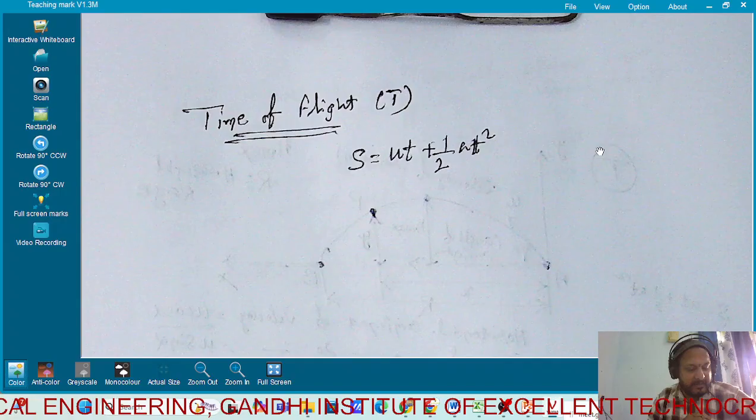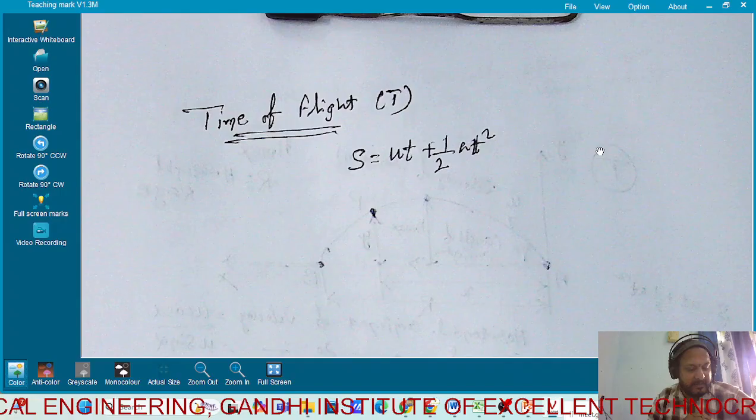So why are you putting 0 here? Because the total time of flight can be calculated from A until the particle reaches point B. So it is u sine alpha into T, the total time of flight, minus half gt square. Any doubts? Small t, why has it converted to capital T, you know now?